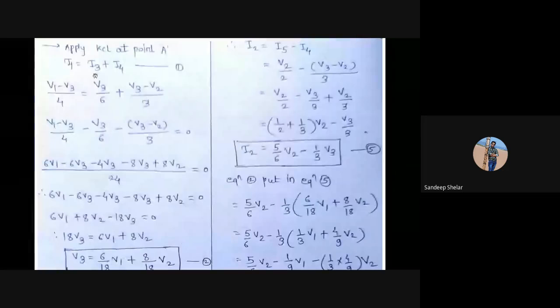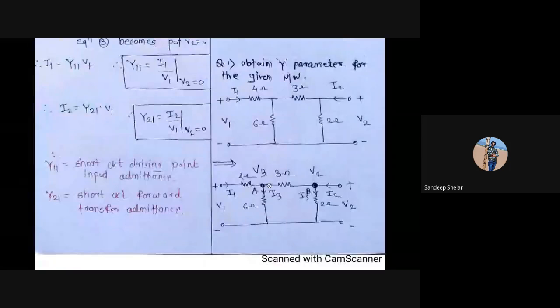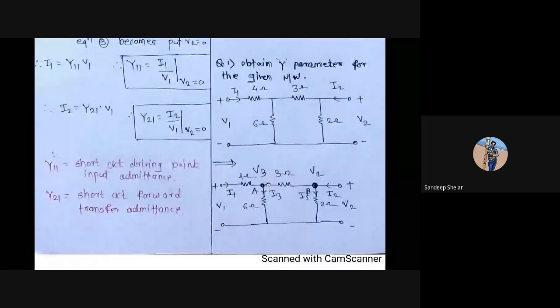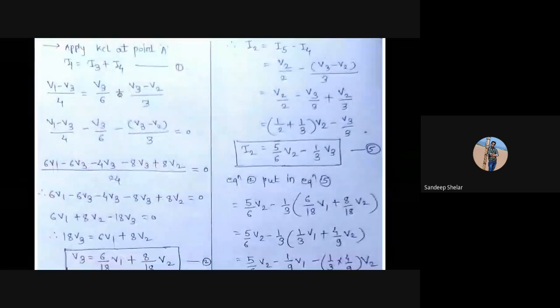Then I3 is equal to V3 upon 6, because I is equal to V upon R. Then I4 is V3 minus V2 upon 3. Then solve this equation, taking the terms to the left hand side: V1 minus V3 upon 4 minus V3 upon 6 minus V3 minus V2 upon 3. Then we take the LCM.